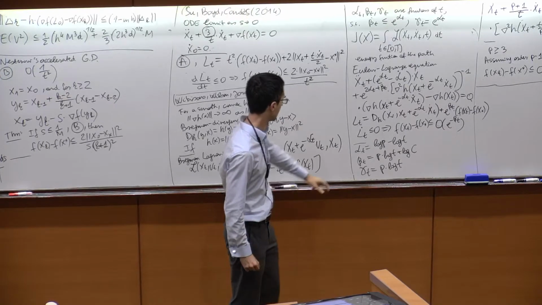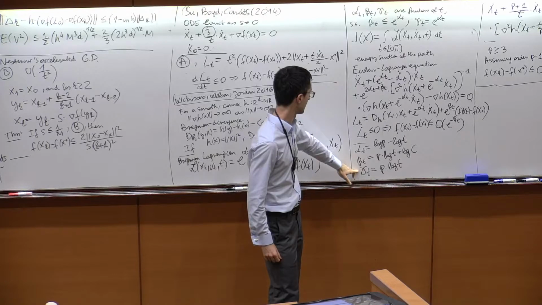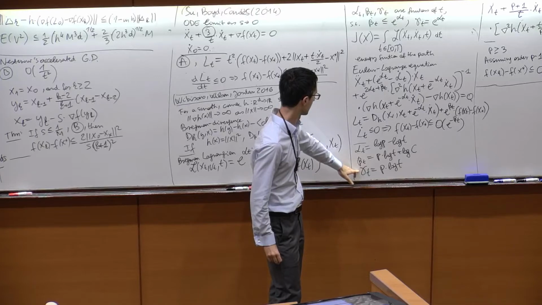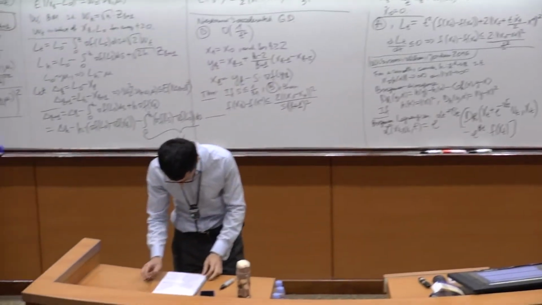Oh, yeah. So let me look at this. So gamma t e to the alpha t, log p. Okay. Maybe there's, okay, I have to look at this.